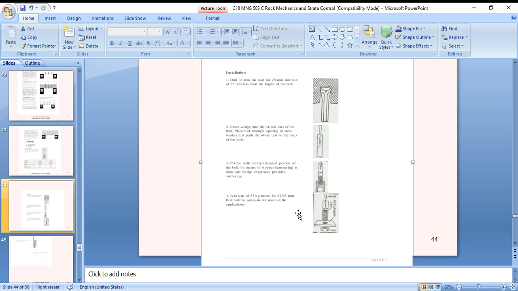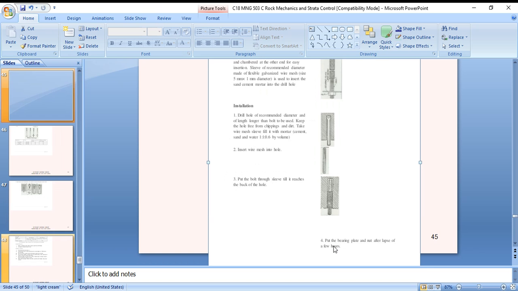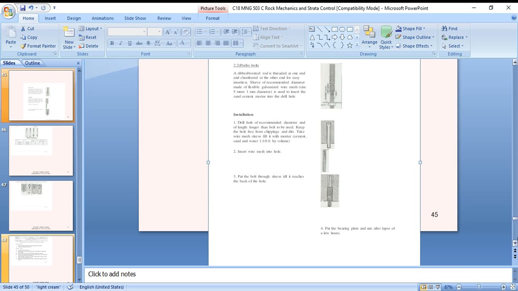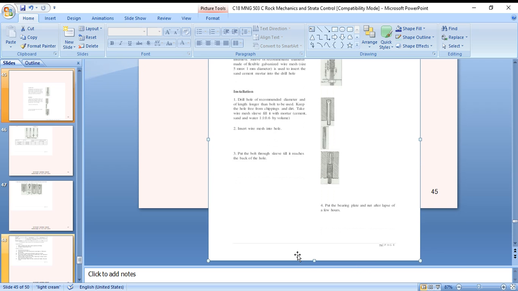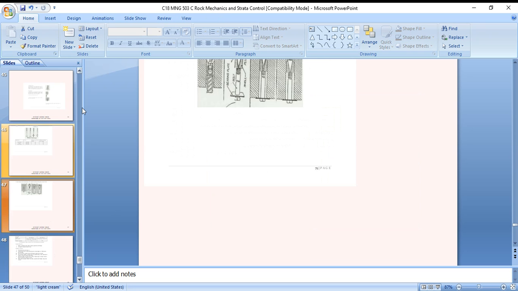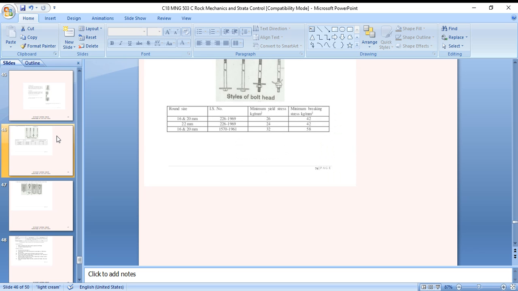The fourth stage: one, two, three, four stages are shown here. This is the style of the bolt heads. Different types of styles of the bolt heads are shown here.